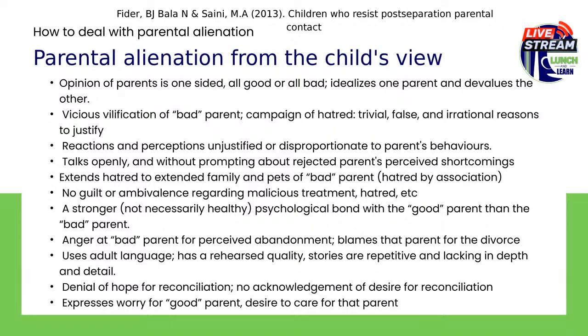So, just from the views of a child, there are lists and lists that they recognize, and they can say these are the type of symptoms that one needs to look out for. And it's quite interesting that the gist of it is that the child shows very little remorse for the cruel treatment towards the other parent, and it actually sees the one parent as the good parent and then the other parent as the bad parent.